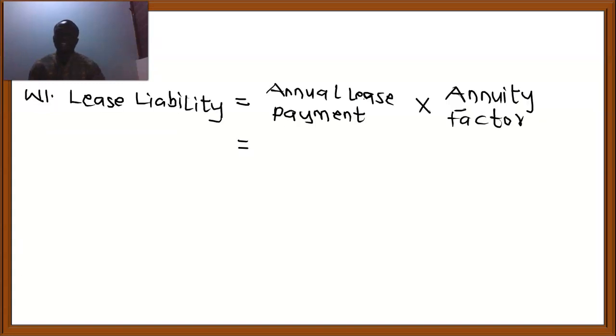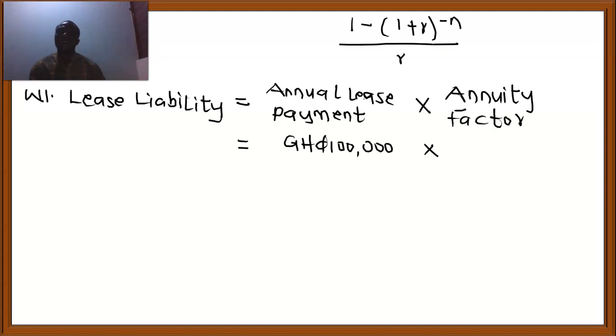So we multiply the annual lease payment of 100,000 by the annuity factor, and the annuity factor is calculated as 1 minus 1 plus r raised to the power negative n all over r. R represents the interest rate implicit in the lease, and n represents the number of lease payments remaining, or the number of future lease payments.